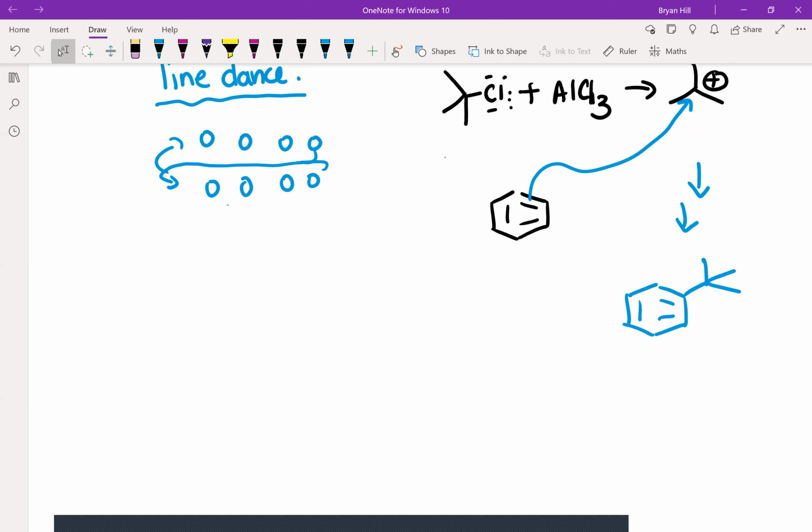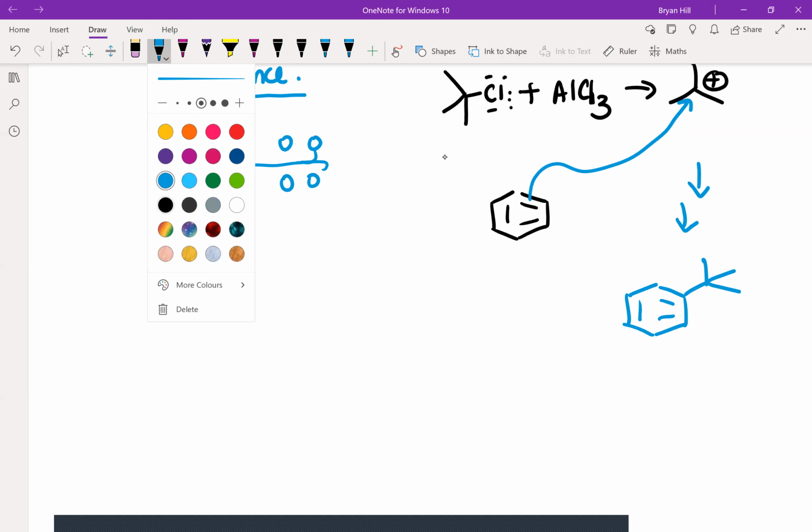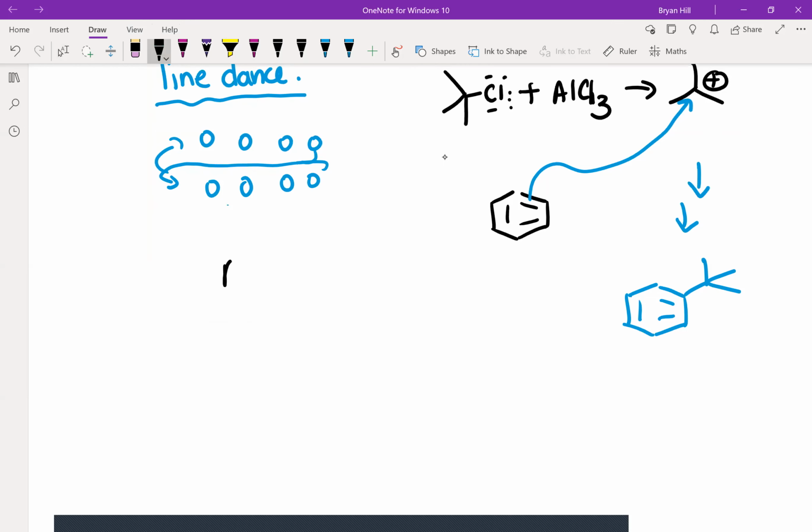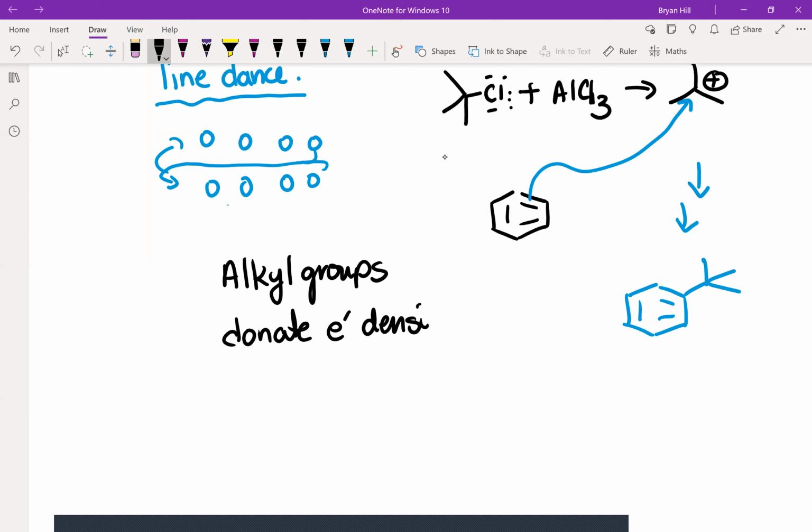Now, one of the few electron donating groups that we really talked about were alkyl groups. These groups donate electron density through induction, right?